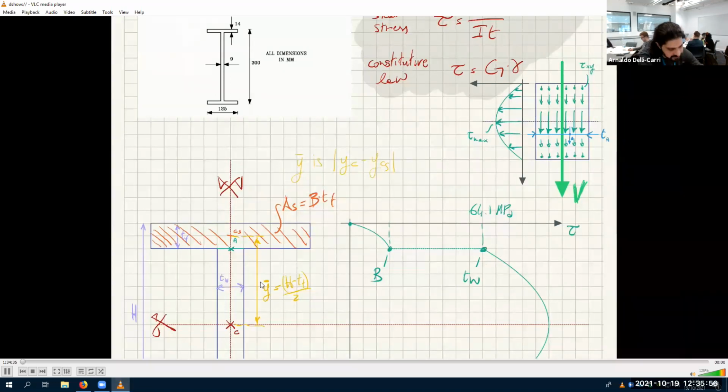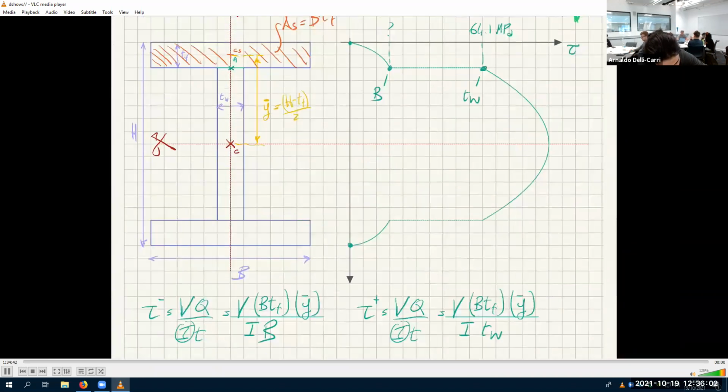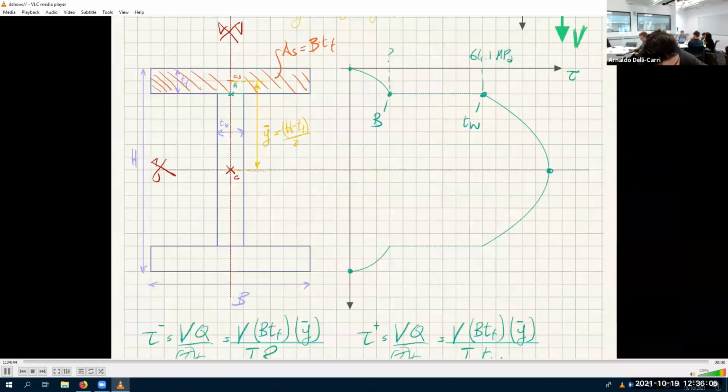So this one you can find by using B in the formula. And of course, the absolute largest one is at the centroid. How do you find the one at the centroid? It's the same thing. You just have to recalculate the shaded area and recalculate the thickness. The thickness is TW, because at the center the thickness is TW.